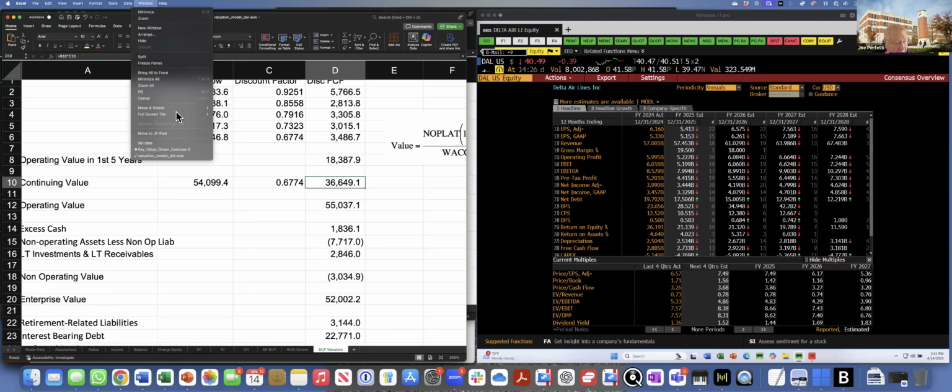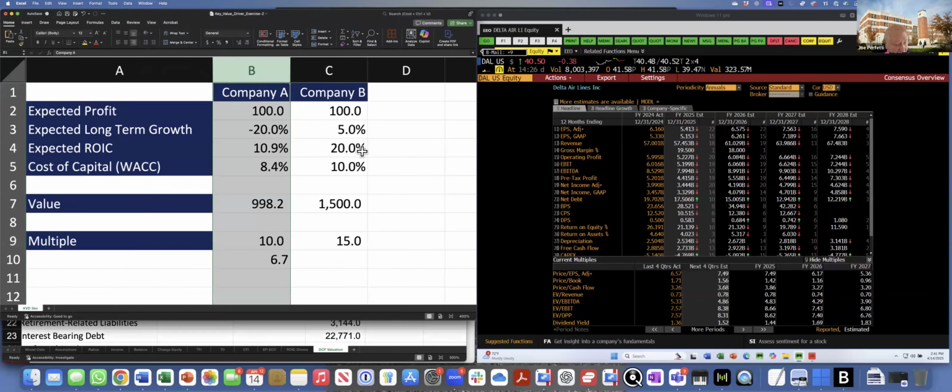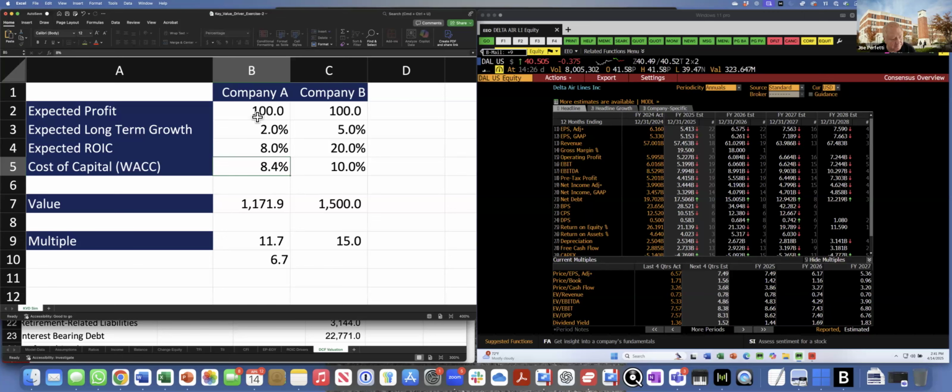So how do you get there? Well, let's go back to the key value drivers. 8, 7, 6. Just being directionally correct in the numbers here.